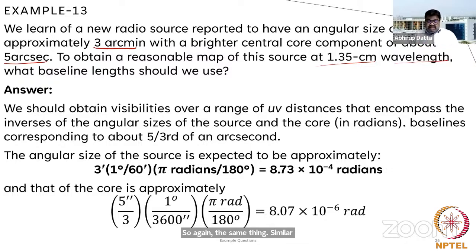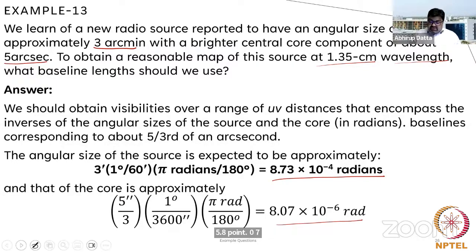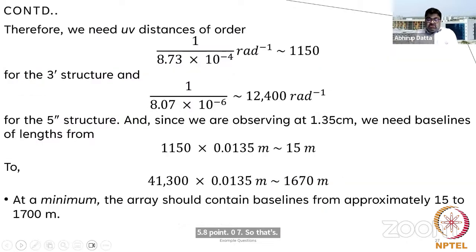The baselines correspond to about 5 arc seconds, which is about 8.07 × 10⁻⁷ radian for the core. That's how we need to resolve the particular source. So the UV distance is then of this order.